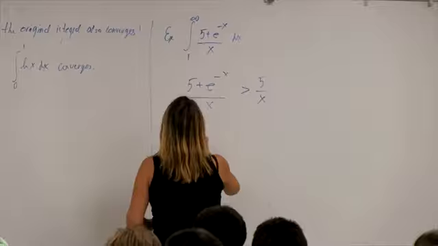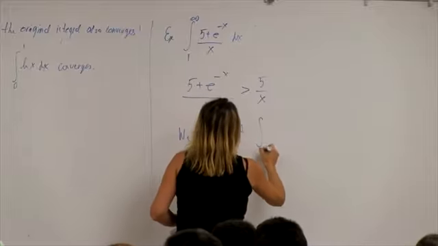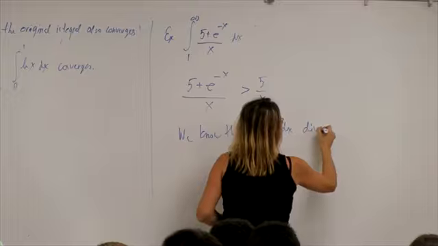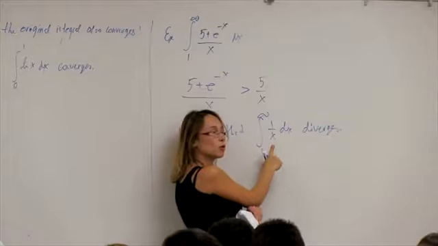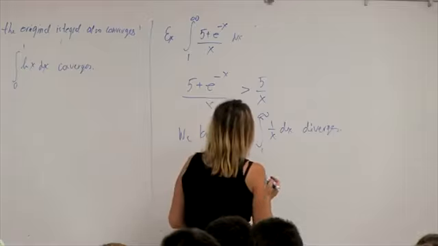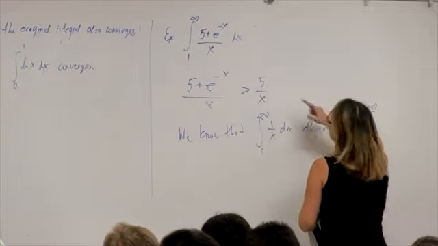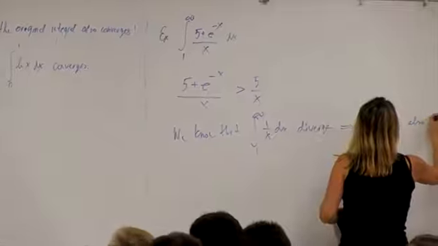We know that this integral, 1 over x dx, diverges, right? This corresponds to the power of p equals 1. We proved that this is a divergent integral. Therefore, the integral of 5 over x dx also diverges.